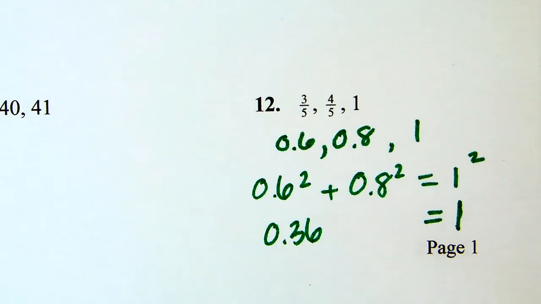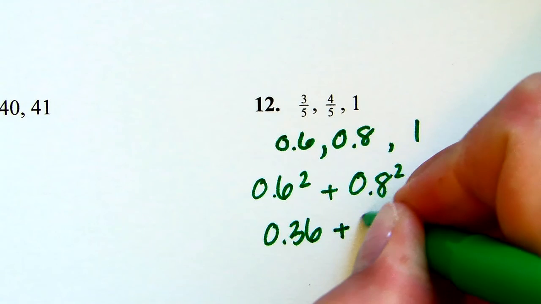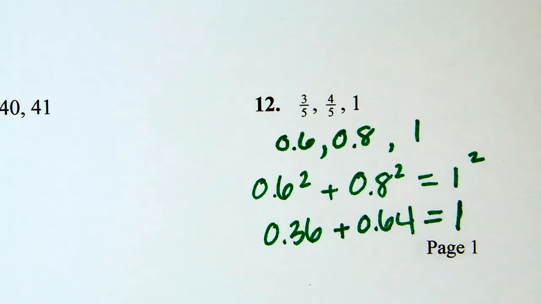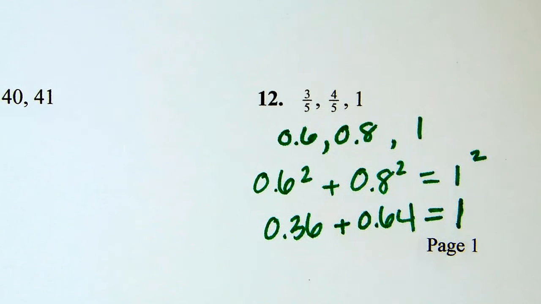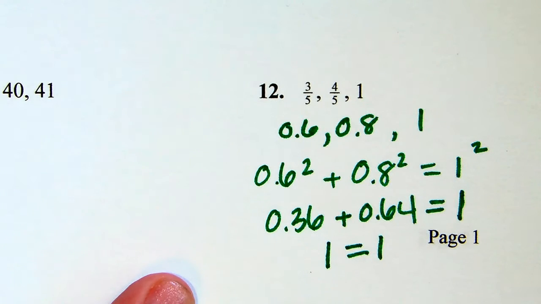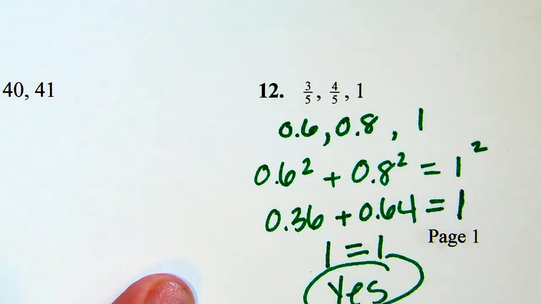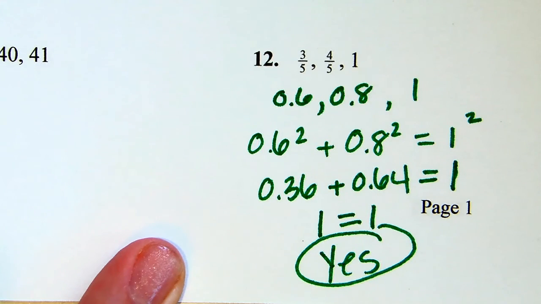And then 0.8 times 0.8, that's going to be 0.64. Now, adding 0.36 plus 0.64, we get 1. So we get 1 equals 1. Now, ultimately, our directions were to state if the set of numbers is a Pythagorean triple, and in this case, we'd write yes, and we would circle it. That is our final answer on number 12.